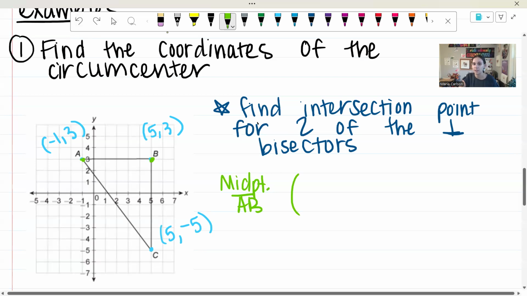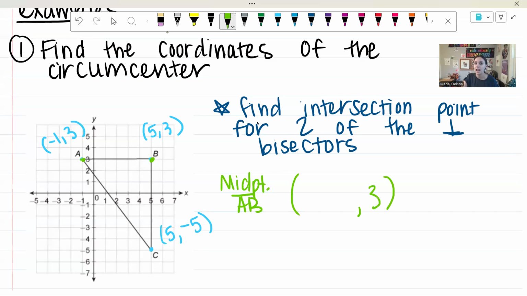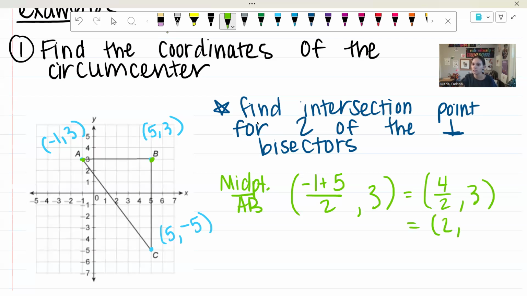It should have a height of 3. The X coordinate then is just an average of our two X coordinates, -1 and 5. So -1 plus 5 divided by 2, and -1 plus 5 is 4 over 2. So the midpoint here is 2, 3.